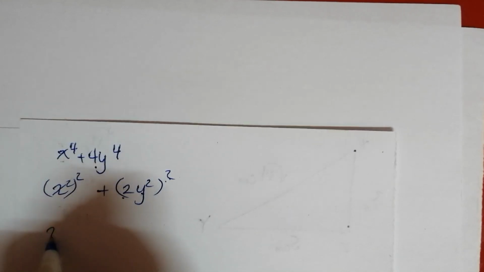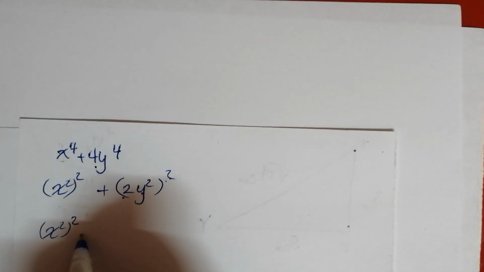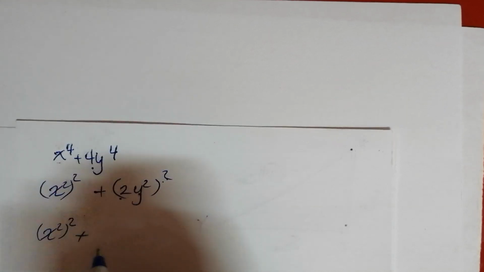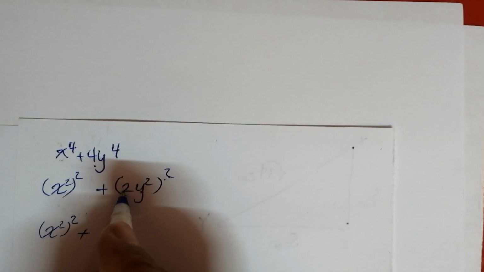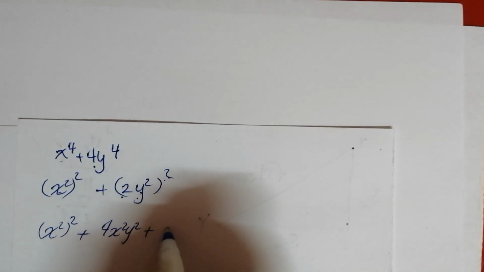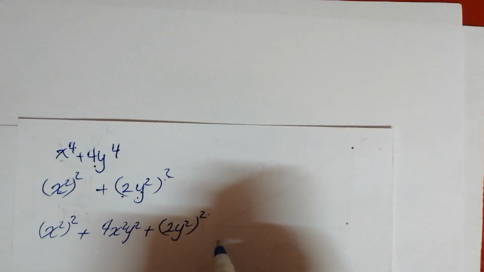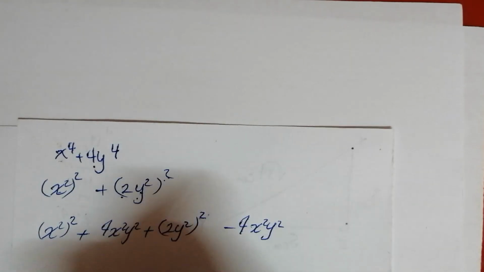X power 2 whole power 2 plus 2 by 2 by x squared by y squared, which means 4x squared y squared, plus 2y squared all power 2, and we subtract it, minus 4x squared y squared.